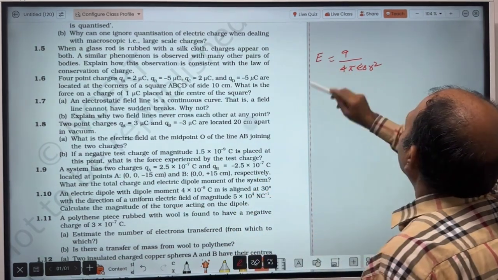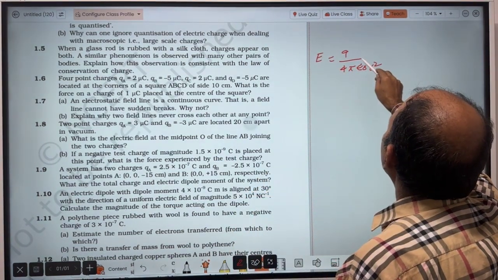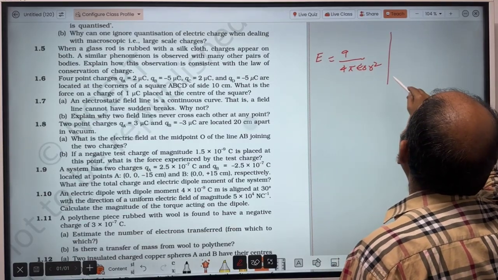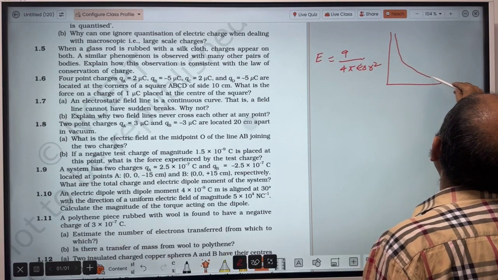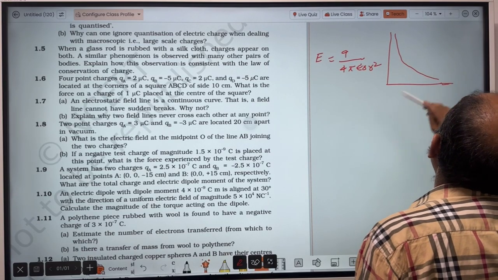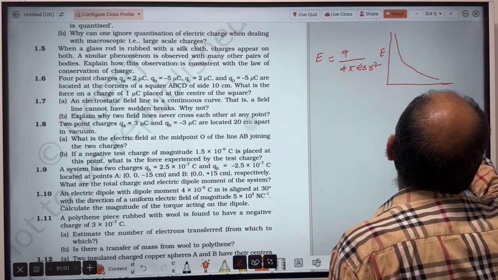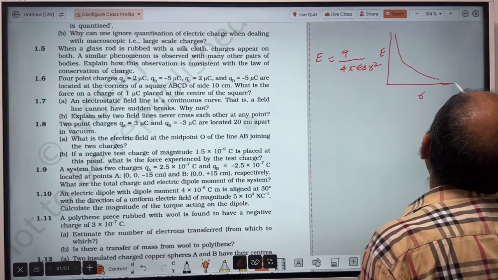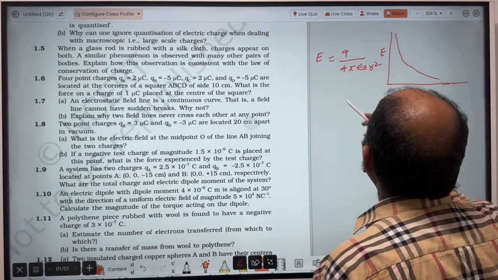If you plot a graph between E and R, will it be zero suddenly? Is it possible? The graph will be like this, but the value of E will never be zero. It will try to touch the R axis, but only at infinity.